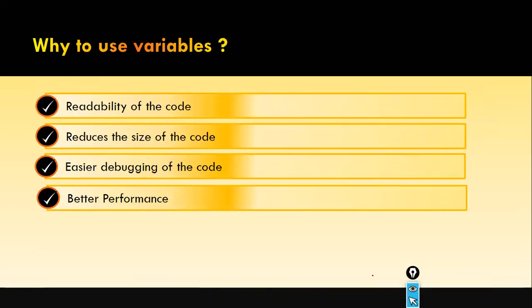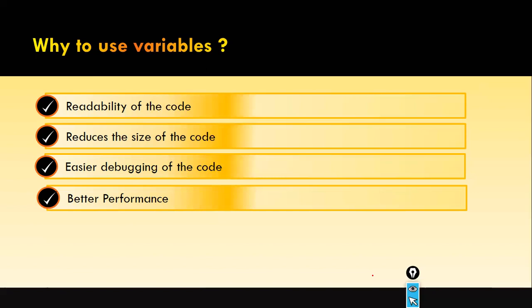The next one is why to use variables. Variables are not specific to Power BI or DAX, right? You know very well that we define variables in almost all programming languages. You take any programming language, you would have used variables. So why do we need to use variables?